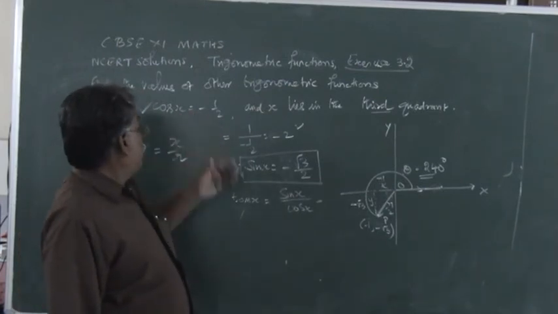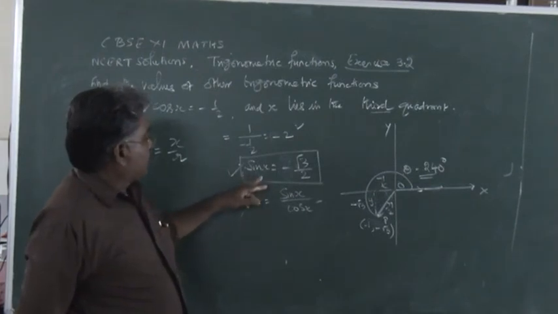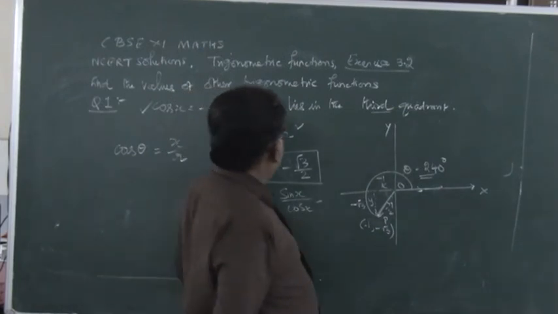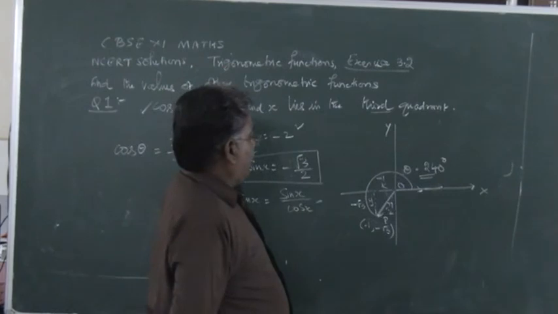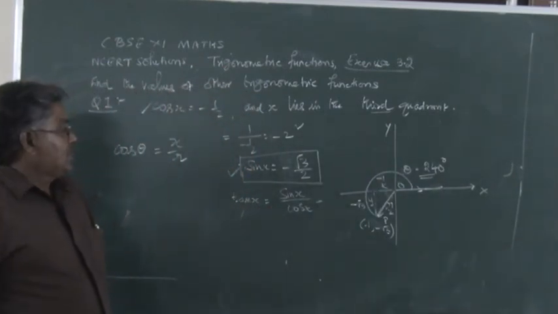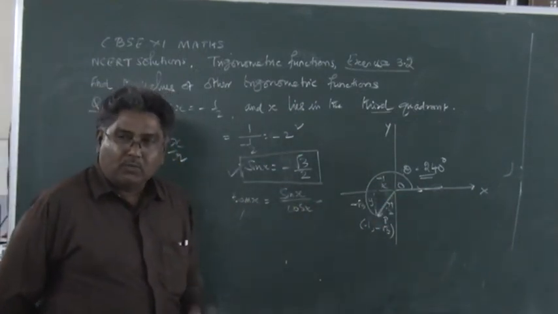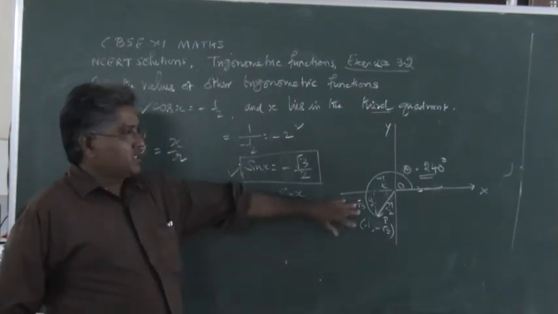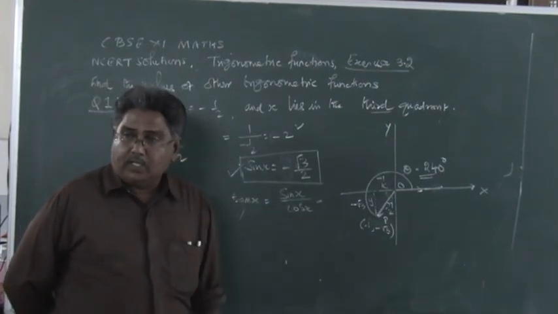Cos 240 is minus half. And again, sin 240 is minus root 3 by 2. And tan 240 will be root 3, you can check. This is for interest I am saying. I want to give more insight into the sum. Otherwise it is not necessary for just doing the sum. It's enough if you simply find out the other trigonometric ratios.